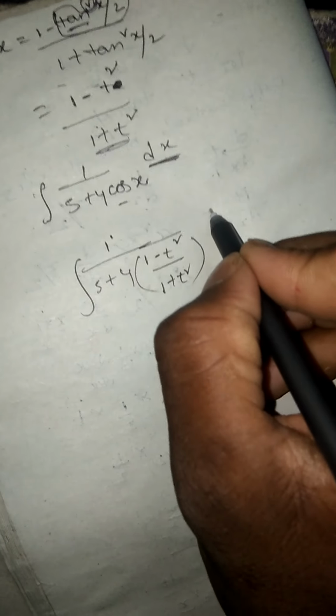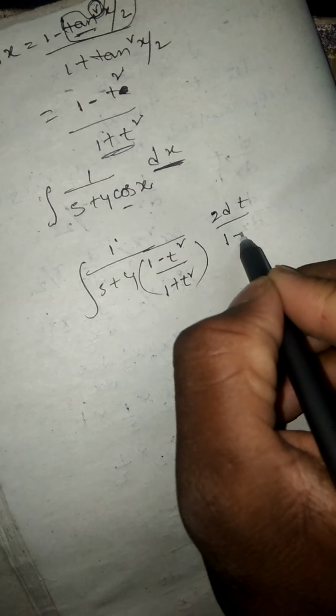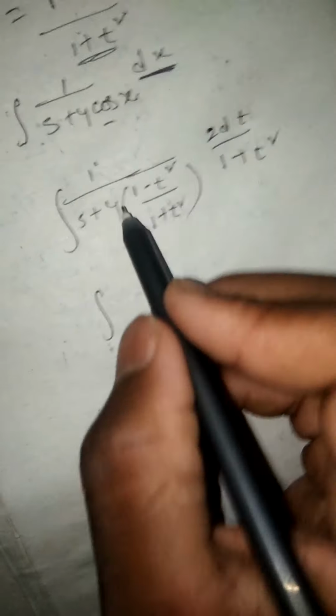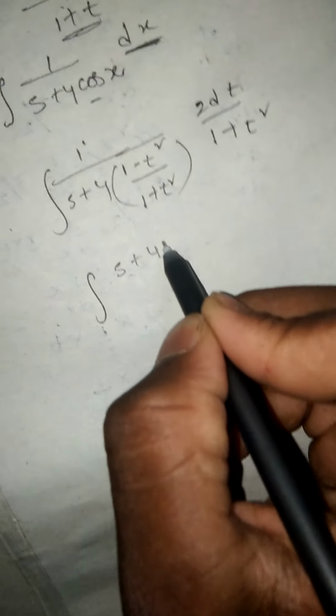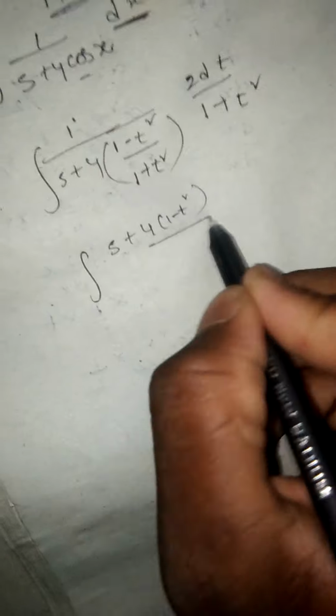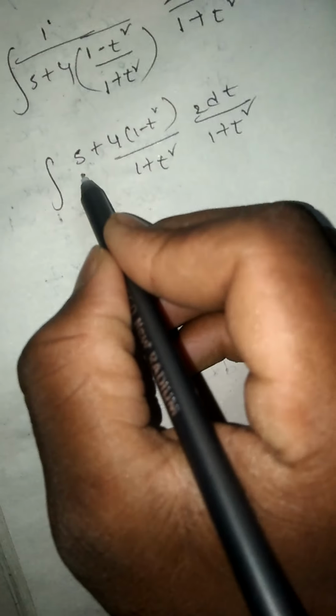Here dx means we already got 2 dt by 1 plus t square. Now do the LCM for this. 5 plus 4 into 1 minus t square by 1 plus t square into 2 dt by 1 plus t square. Here nothing is there at denominator, so I have to put 1.